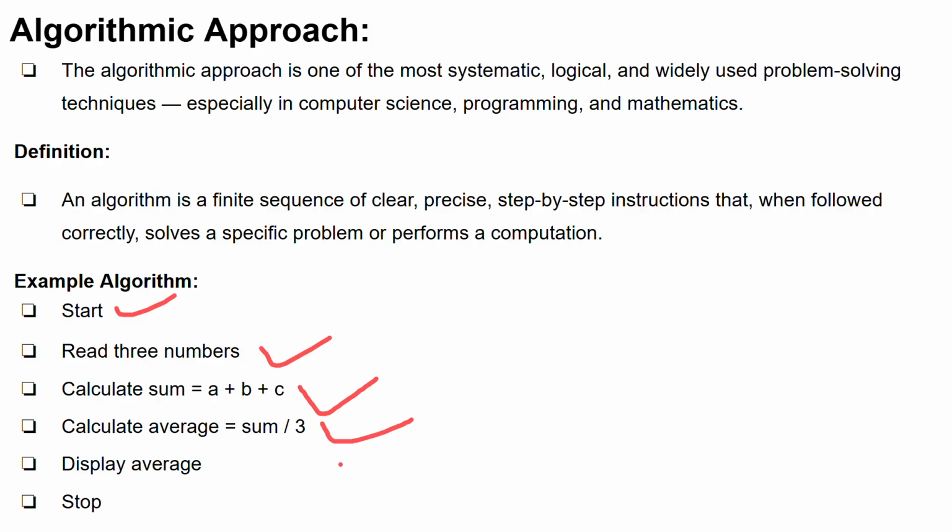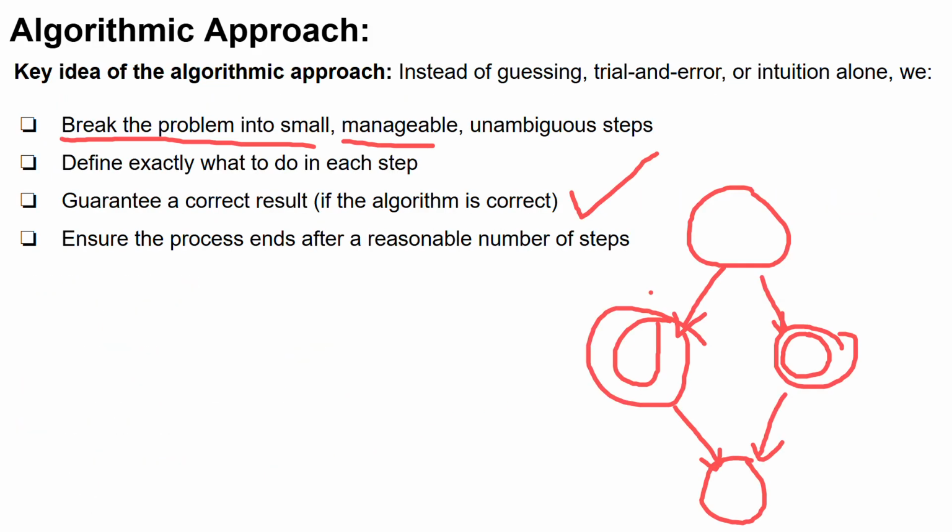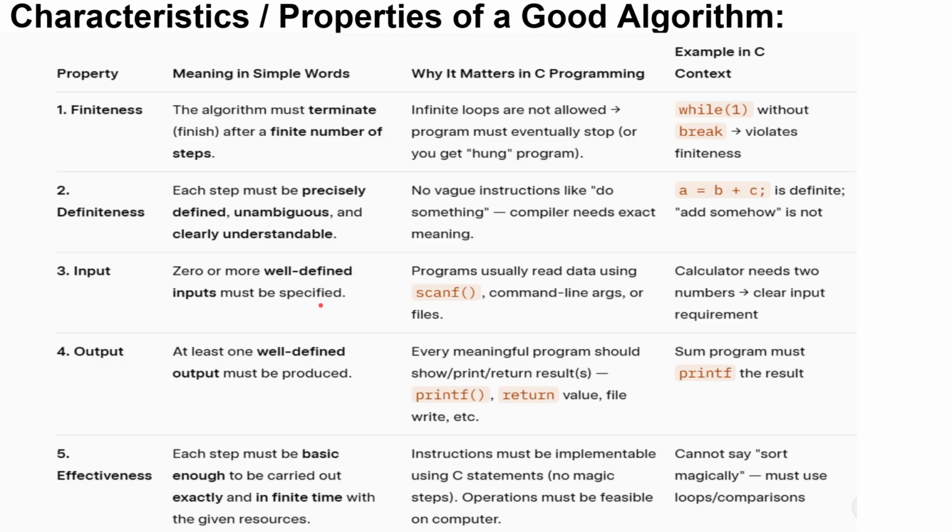That is, in a particular interval, the step should definitely be completed. If it is not completed, it will go to infinity, so it will be a never-ending process. That means each and every step should be completed within a stipulated time. So that is the key idea of the algorithmic approach.